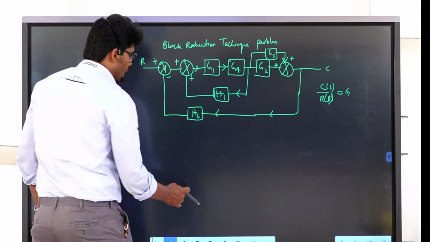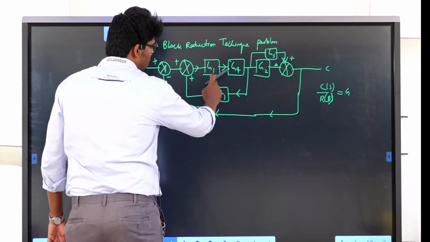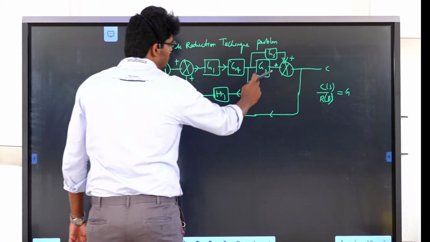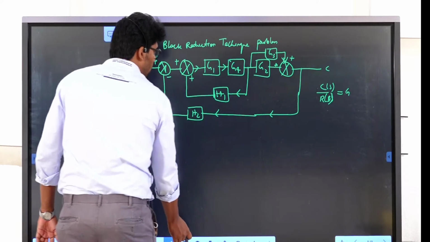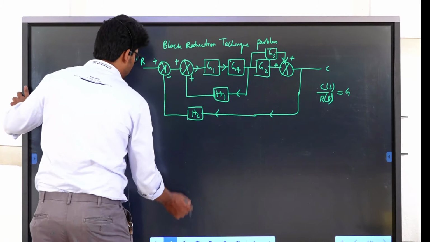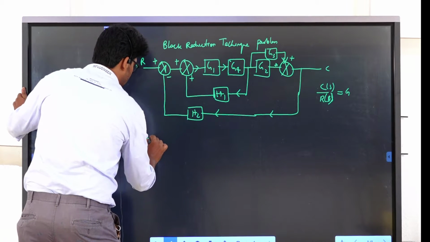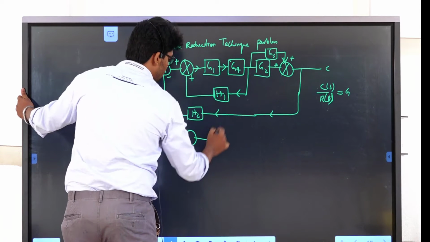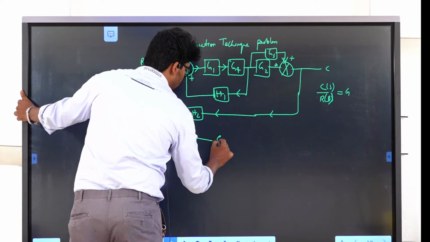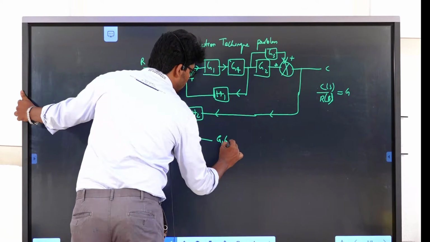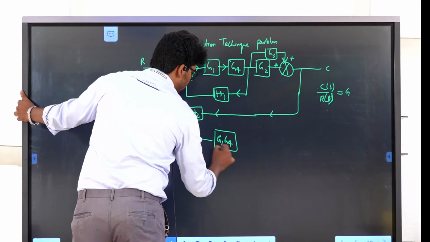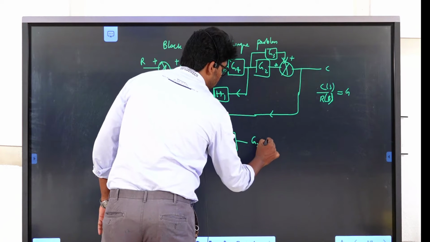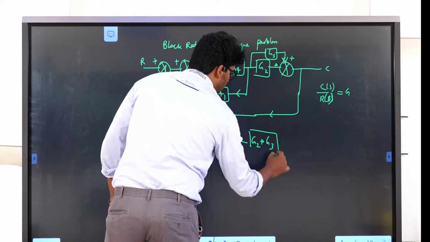First of all, let us reduce these two blocks, G1 and G2, which are in series, into G1 into G2, and G2 and G3, which are in parallel, into G2 plus G3. So let us solve that initially. I am drawing the system: G1 into G4 as one block, and G2 plus G3 as one block.